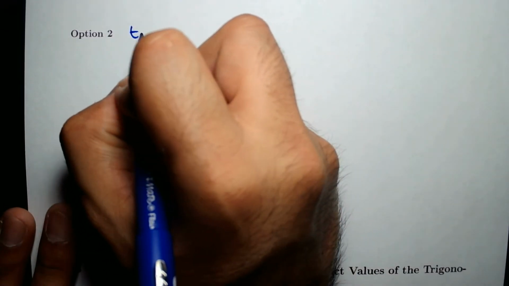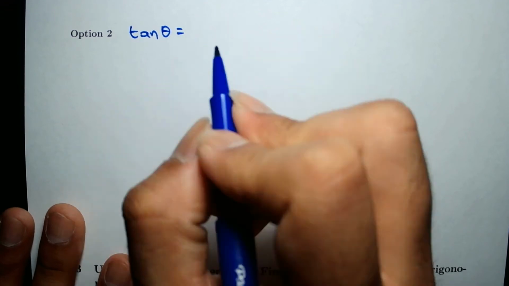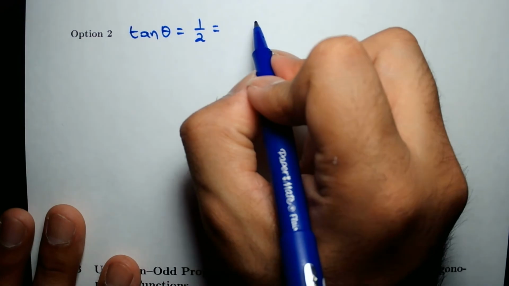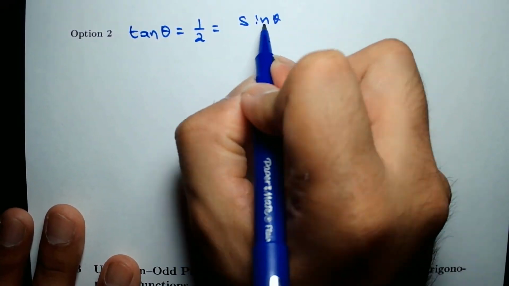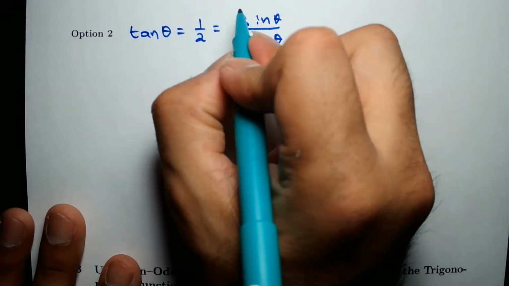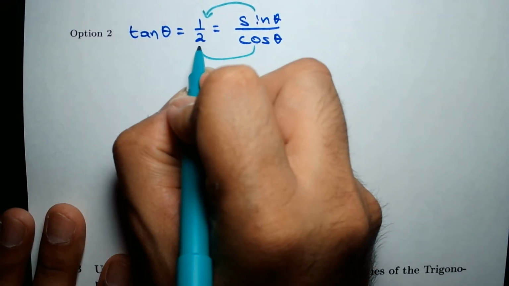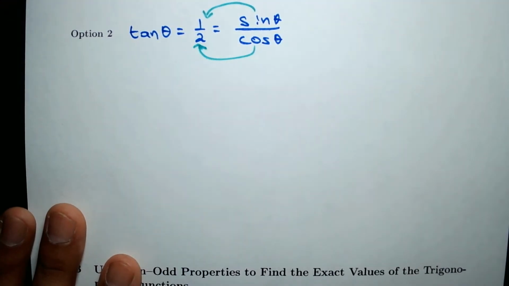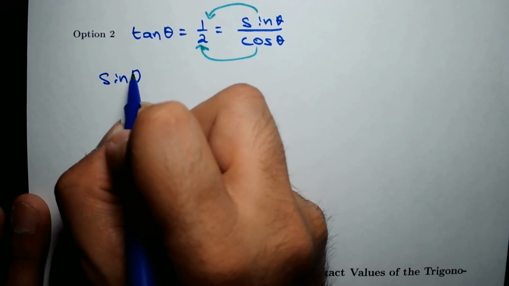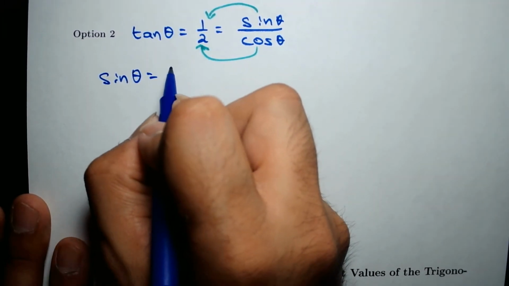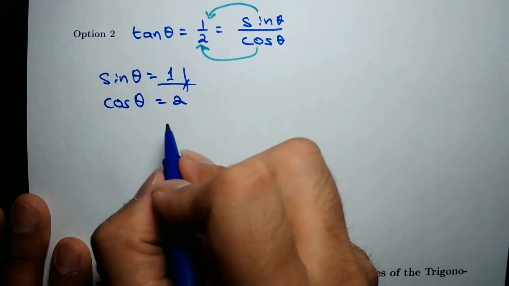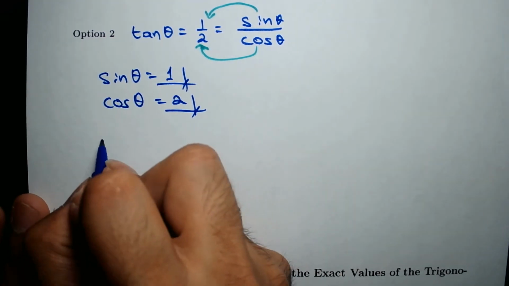Well, we know that tangent theta equals 1/2, right? But by definition, tangent is the same as sine over cosine. So we can simply relate these two. Tangent is given, sine theta equals 1, cosine theta equals 2.